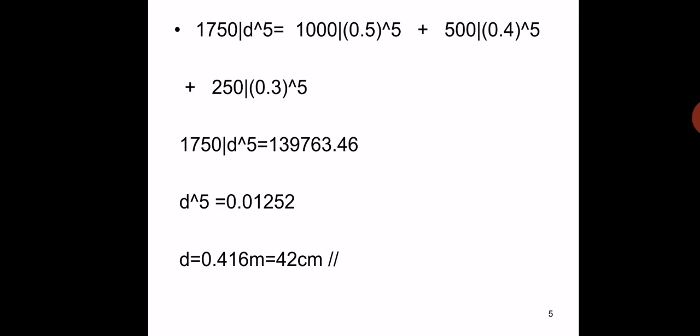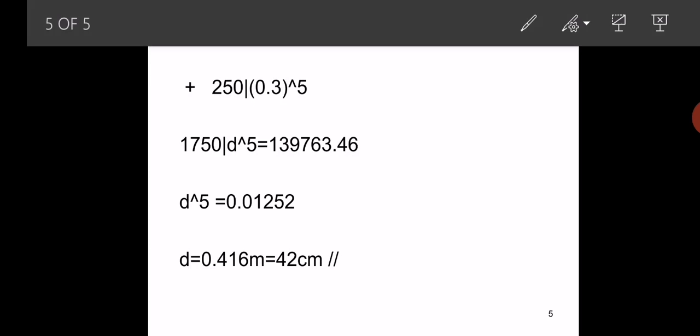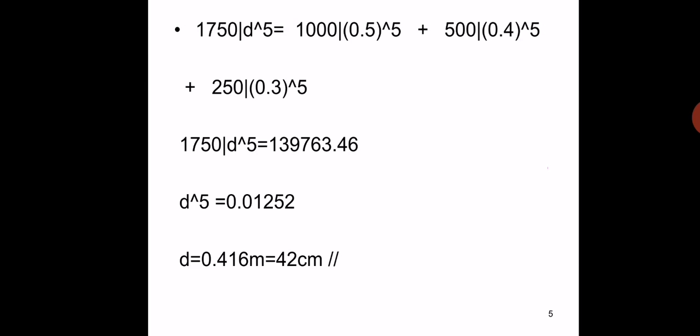Here L is equal to 750. L1 is equal to 1000 and D1 is equal to 0.5. L2 is equal to 500 and D2 is equal to 0.4. L3 is equal to 250 and D3 is equal to 0.3.